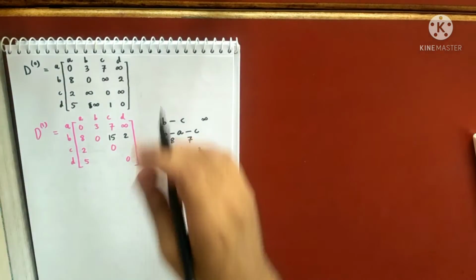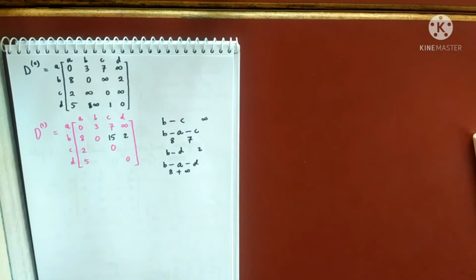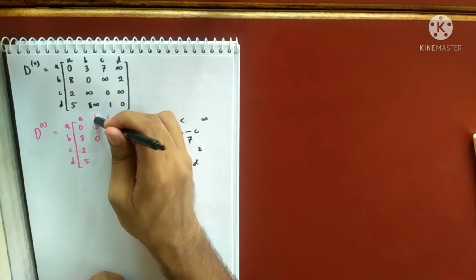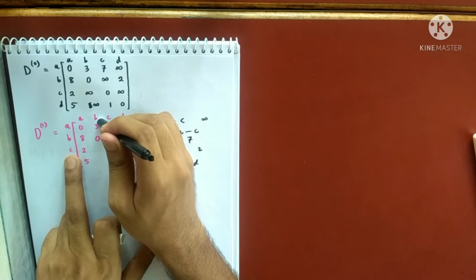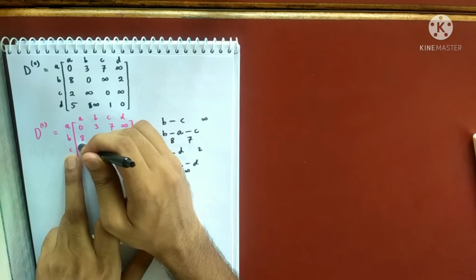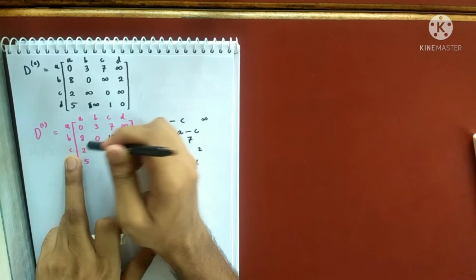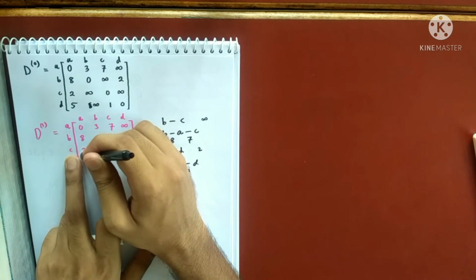So the work of the graph is just to give you the weighted matrix. Now all the things will revolve around this one. Now see C to B. I'll first go C to A. C to A is 2.